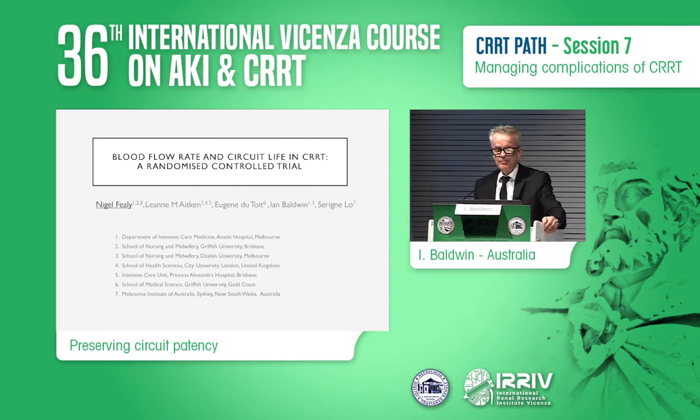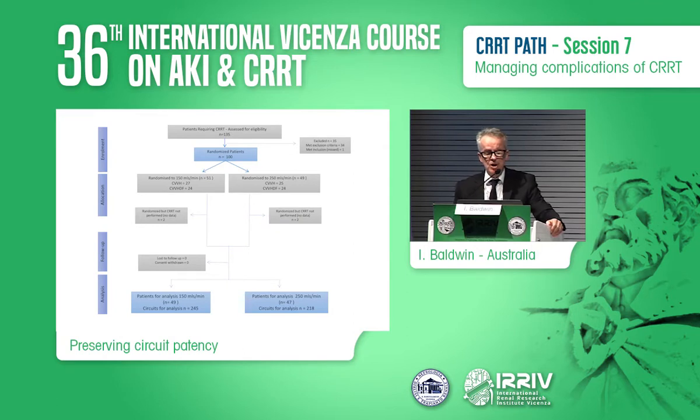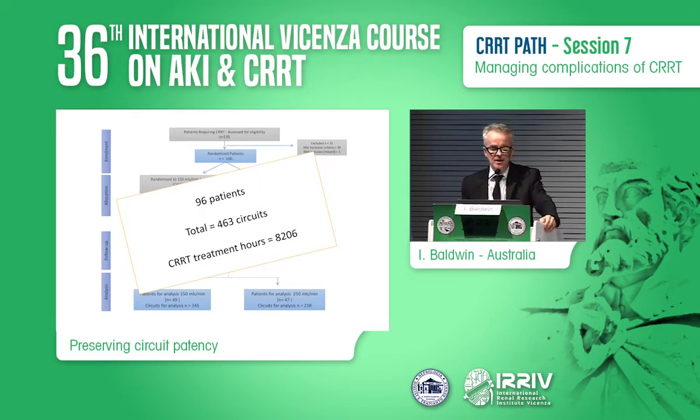So this is where I'm going to conclude and just highlight to you another study we've recently published with my colleague Nigel, and we did a randomised controlled trial comparing blood pump speed at 150 mils a minute, which is what a lot of people use, versus a flow of 250 mils a minute, and this was in 460 circuits and more than 8,000 hours of treatment.